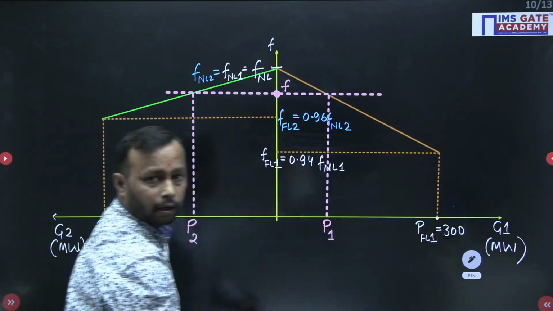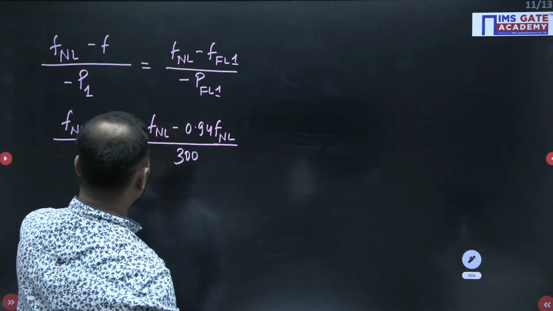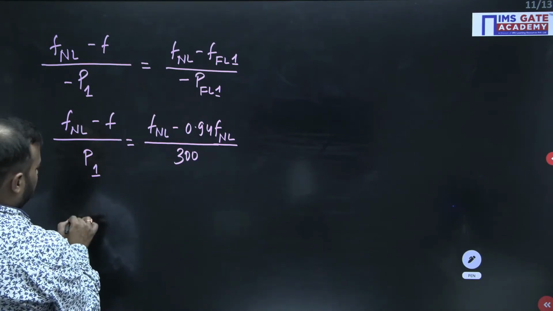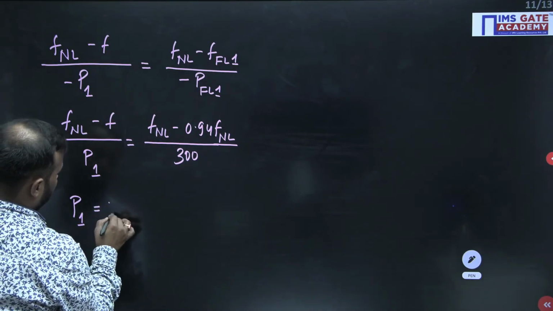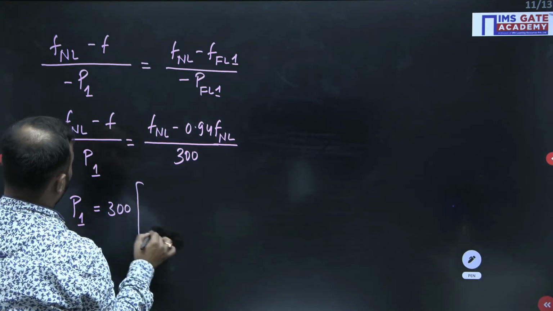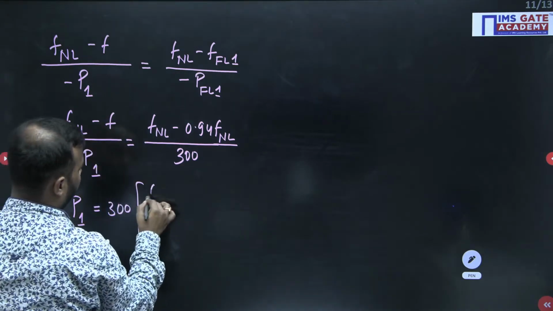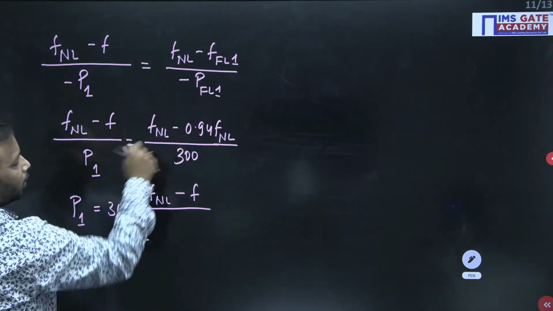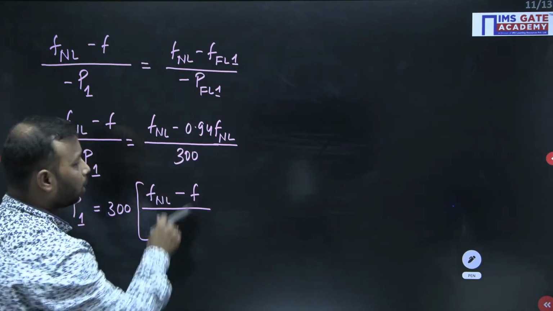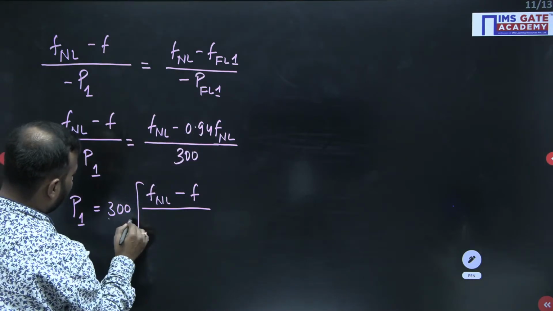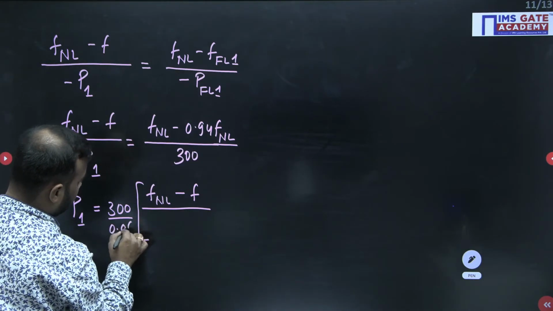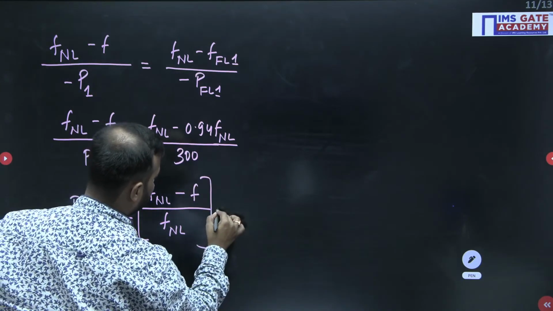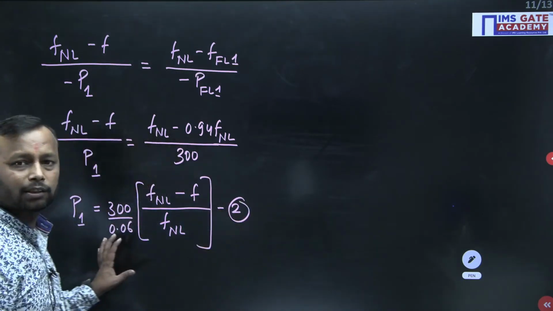This is 300. Got the point? So from here, P1 will be 300. F no load minus F divided by, what will this value be? 0.06. So let me take 0.06 here, divided by F no load. This is equation 2. How much did everyone understand?